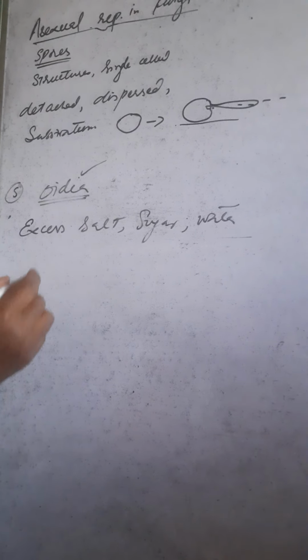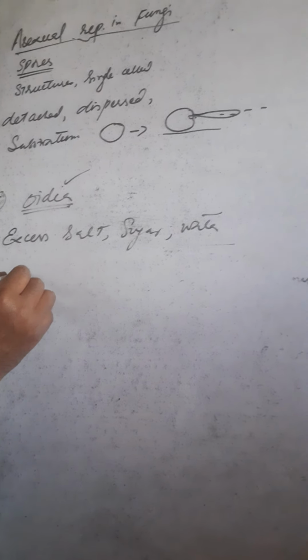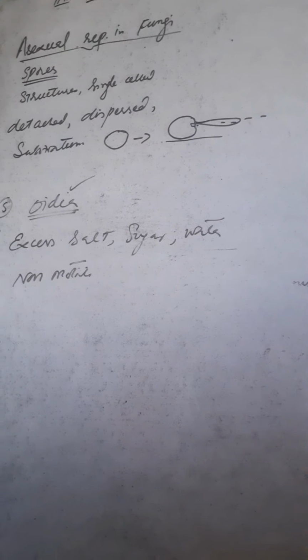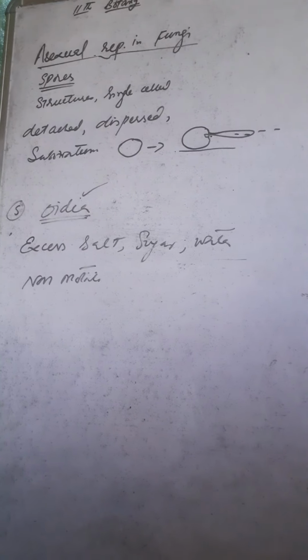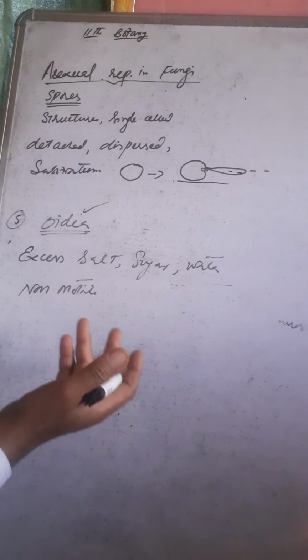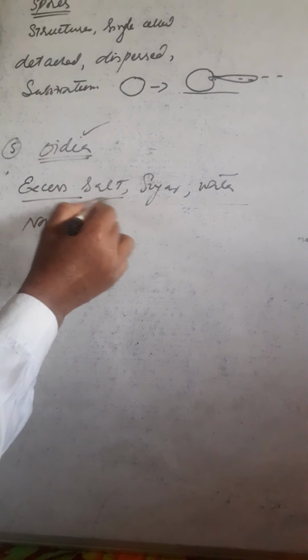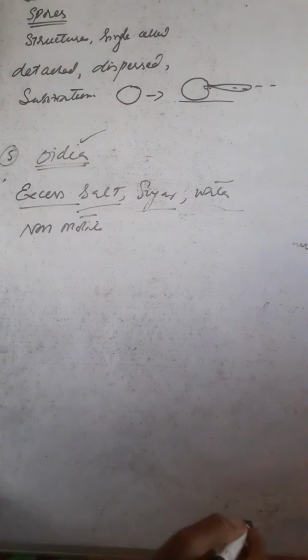These are also non-motile and thin-walled. They are produced when you have the excess salt, sugar, and water conditions.